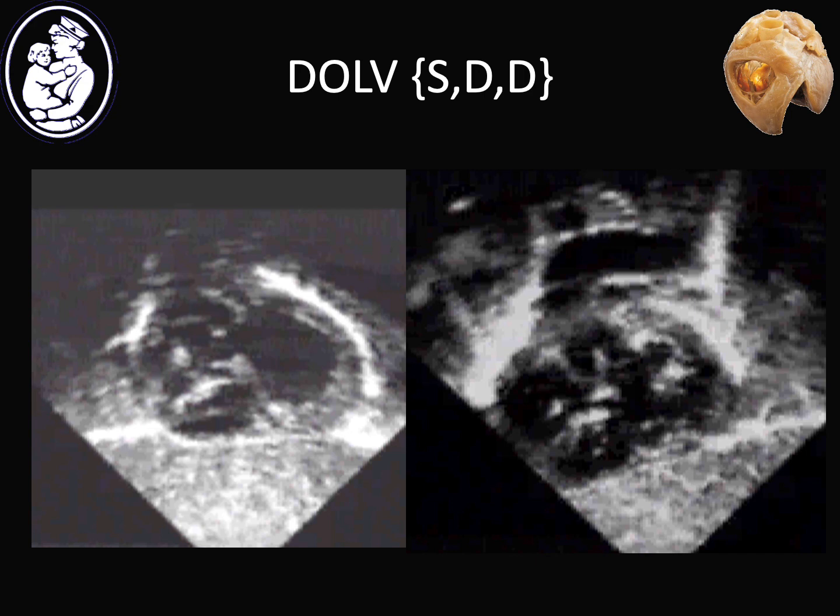Playing the image shows the aorta overriding the interventricular septum through a large ventricular septal defect. The pulmonary outflow tract is seen here, also arising from the left ventricle.